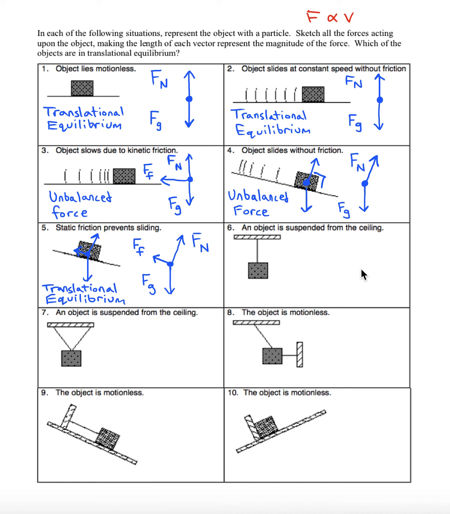An object suspended from the ceiling will feel a pull from gravity, and it doesn't fall, so there's going to be a tension force that balances with the gravitational force. Tension forces can be redirected in many different ways depending on which way the cable is pulling.